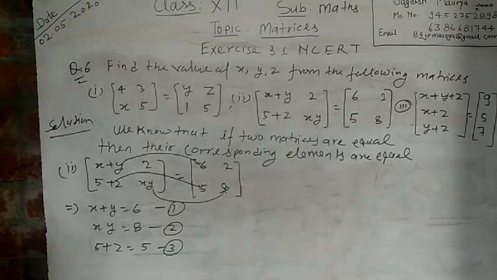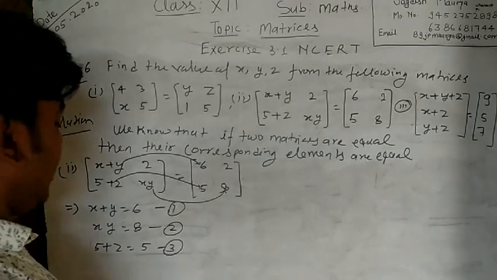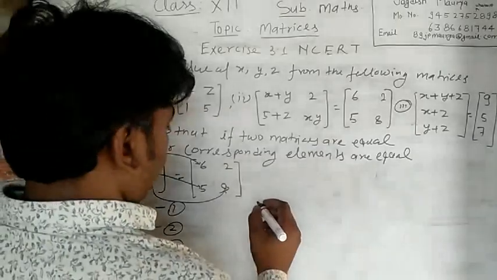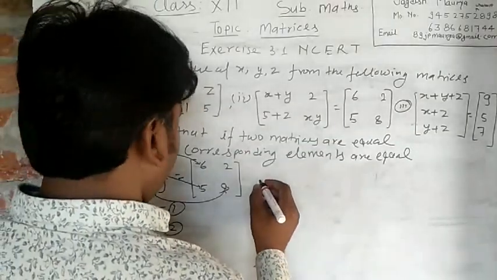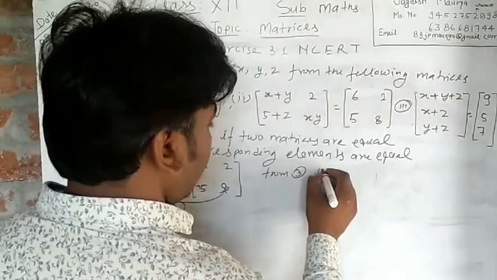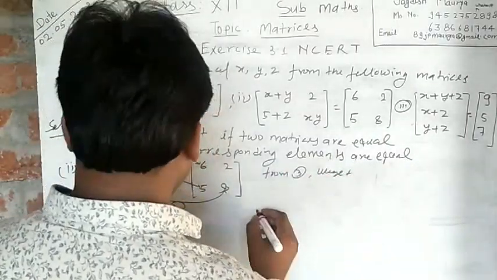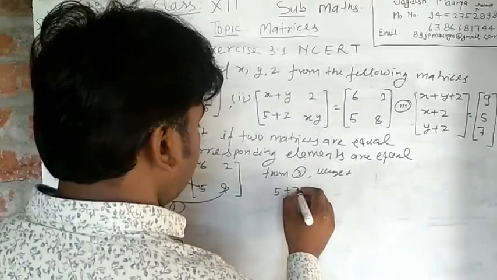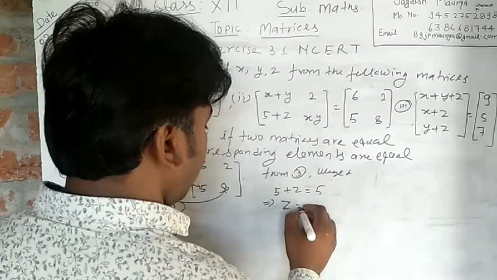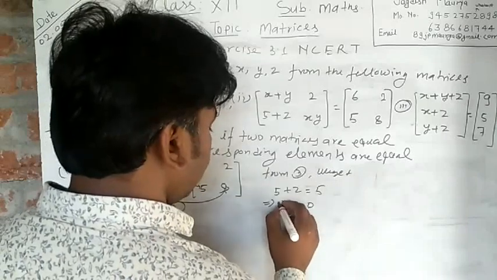Now solving equations 1, 2, 3. From equation 3 we get 5 plus z equal to 5. This implies that z equal to 0.